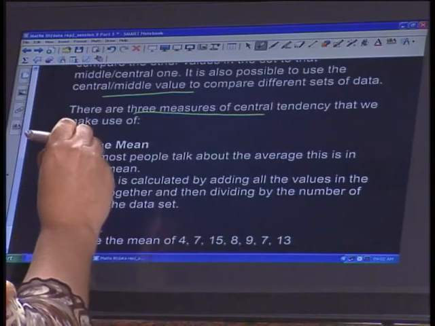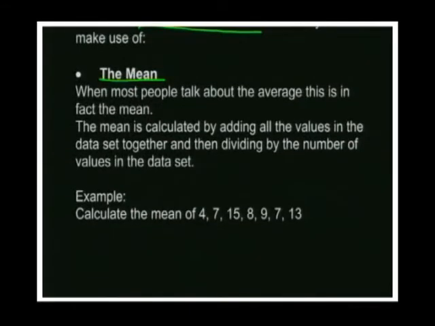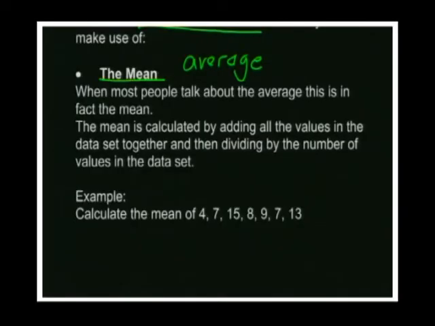The first one is the mean. Now, the mean is what we in everyday language would call the average. But be careful of that word average, because your examiners tend to use average to depict both the mean, the median, and the mode.